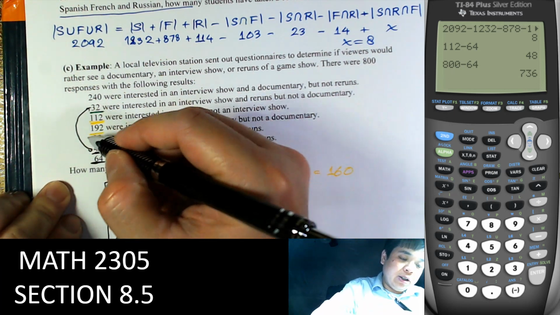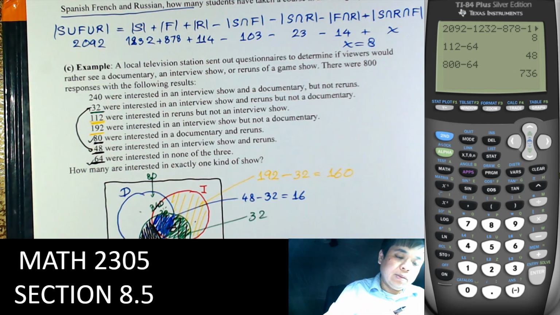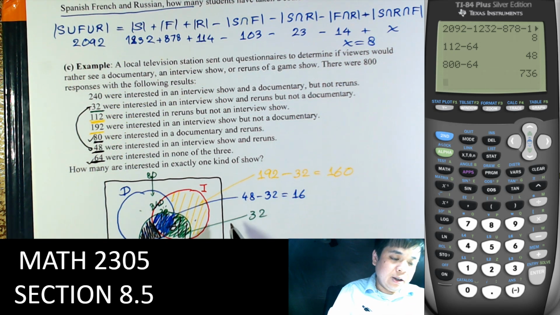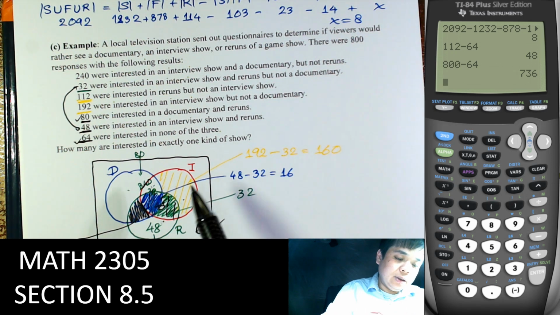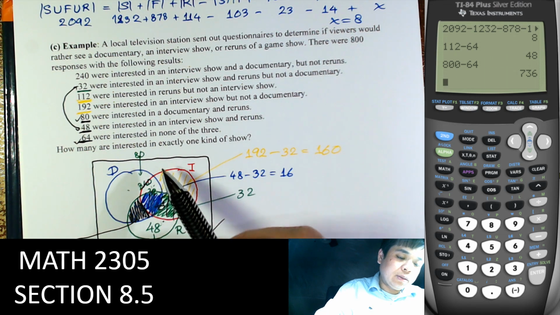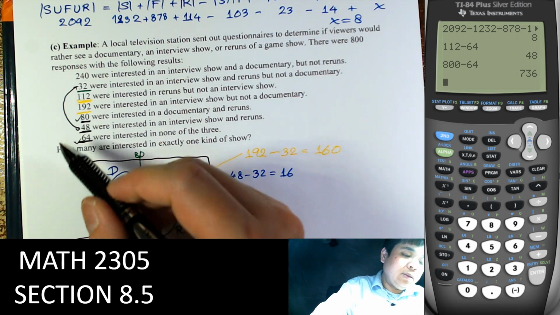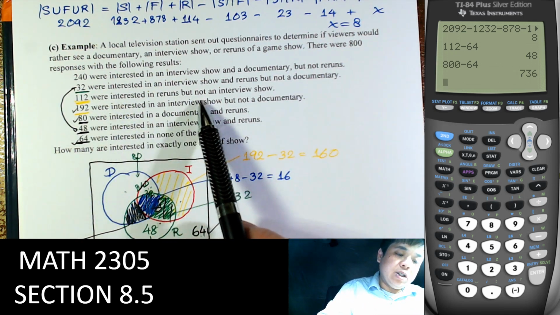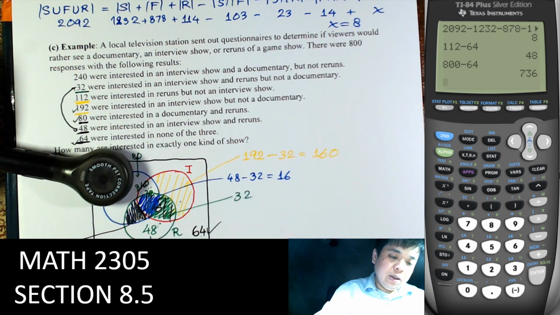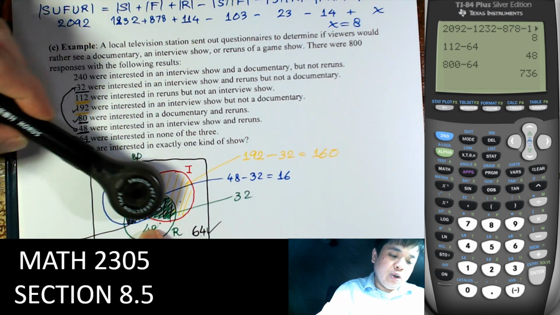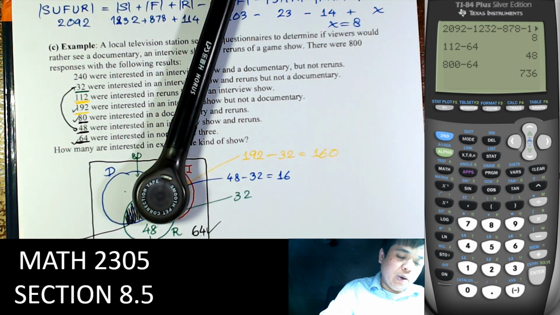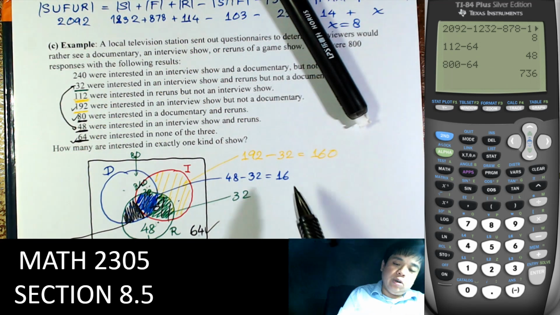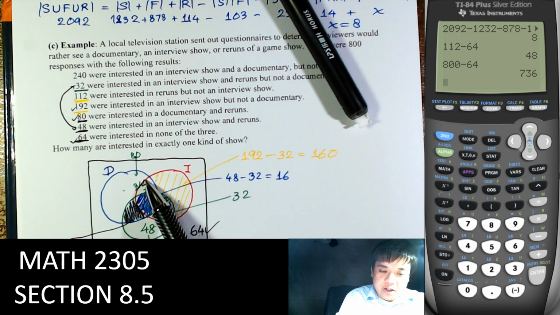So that checks as well. And then we have 112 interested in rerun but not interview. So 112 minus 64, that's 48. That's right, 160, 48. We just need to have this part here.